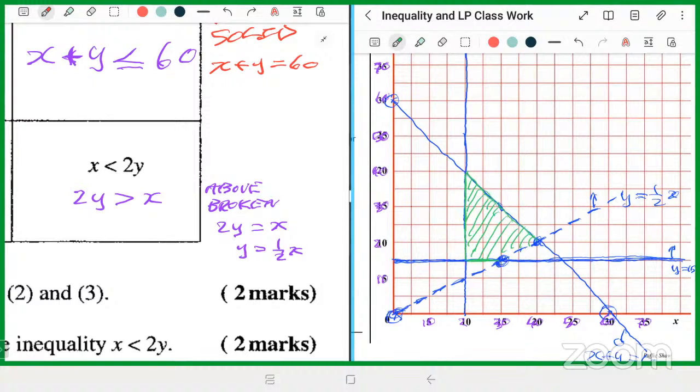In terms of the valid vertices, this vertex is valid, and this vertex is valid. This vertex is not valid because it's on a broken line, so you can't use this one. And this vertex is not valid because it's on the broken line, so I cannot use those two.